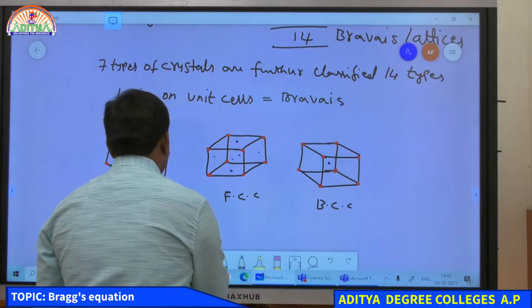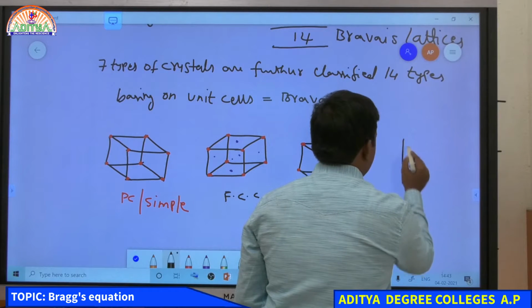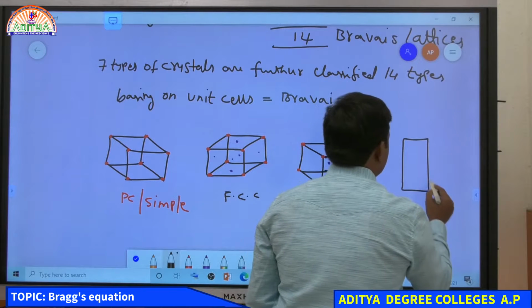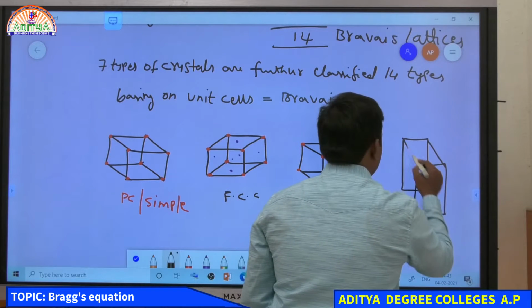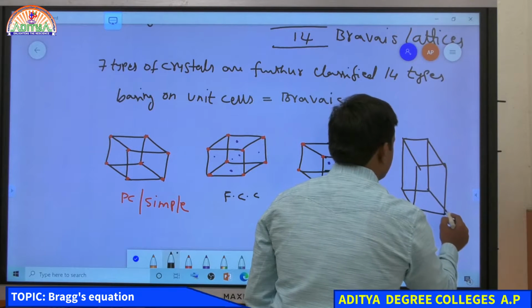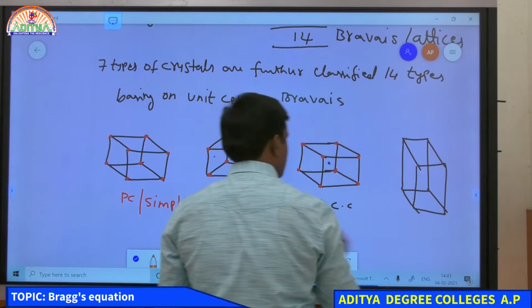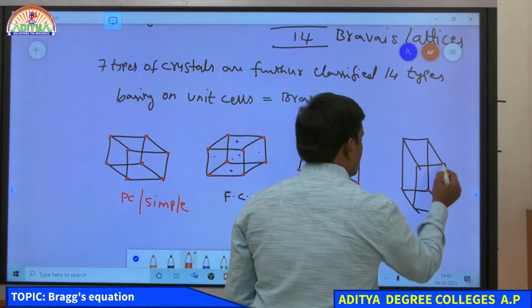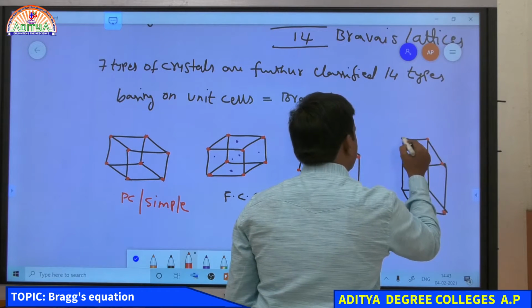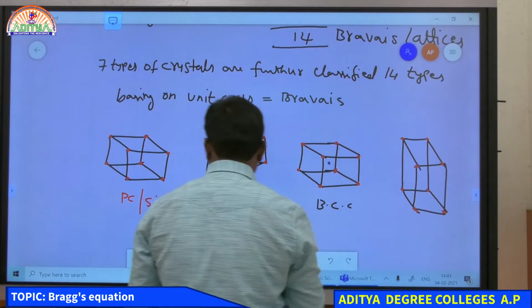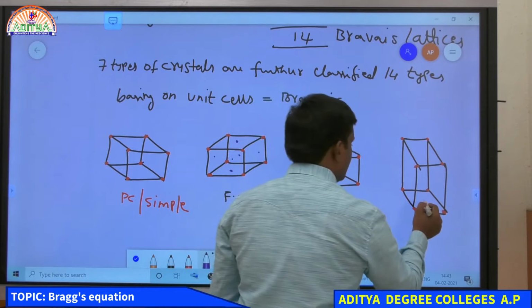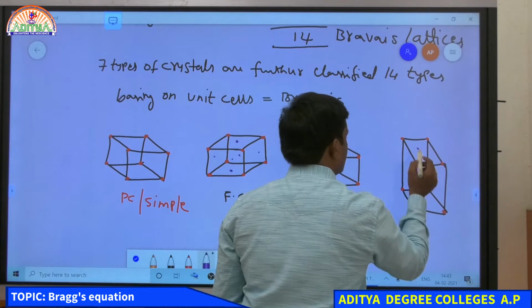And finally end face centered. So here atoms are arranged at all corners and also at the centers of the ends. So 8 corners, 8 points, and also one more point present at this face end and this face end.